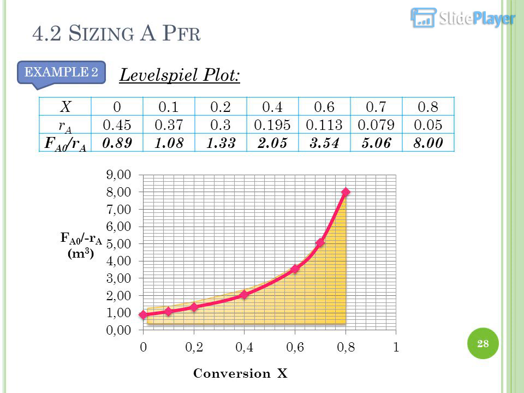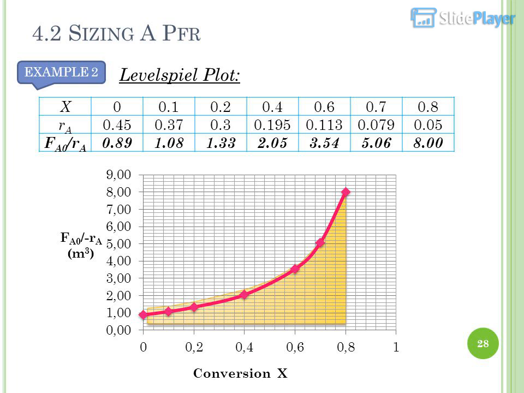Example 2. Levenspiel plot. X: 0.1, 0.2, 0.4, 0.6, 0.7, 0.8. Ra: 0.45, 0.37, 0.3, 0.195, 0.113, 0.079, 0.05.